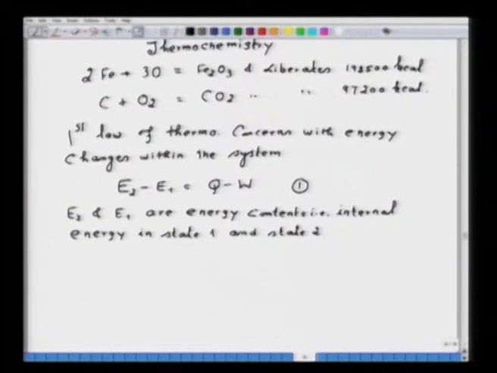I must mention here that thermodynamics deals with the initial and final states only, not in between. That point is to be clear.